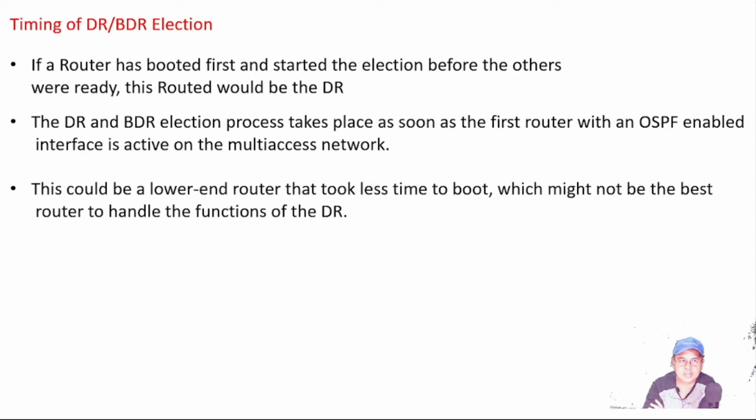Therefore, the lower-end router, if you configure it in an OSPF routing protocol, will be the DR, and then the higher-end router will be the BDR or DROther. So these are scenarios that are not actually breaking the criteria of electing the DR and BDR.